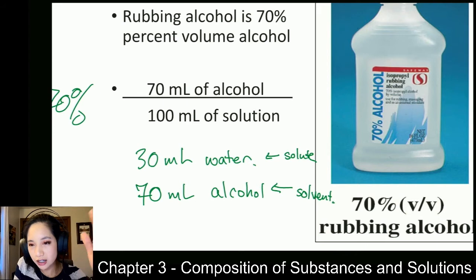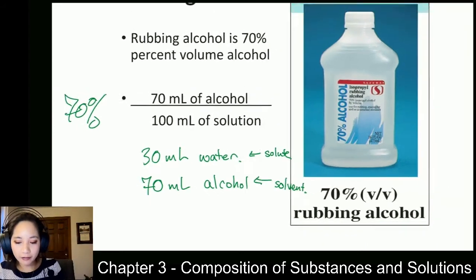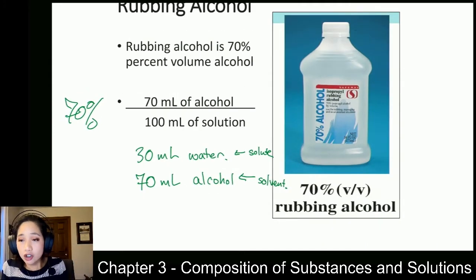That's just a detail that you might have missed. But in general, these volume percentages still mean the same thing. If it's 70% volume alcohol, then 70 milliliters will be alcohol in a 100 milliliter total solution of the substance.